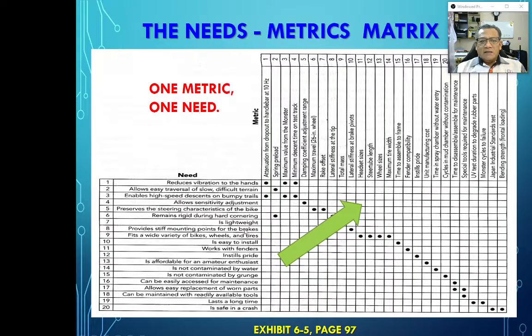It means that all customer needs are being taken care of, by all those 26 metrics, from attenuation from the dropout to handlebar of 10 hertz up to bending strength frontal loading, which is metric number 26.